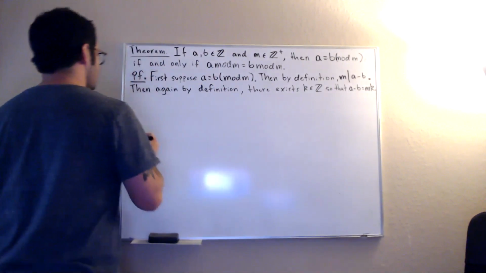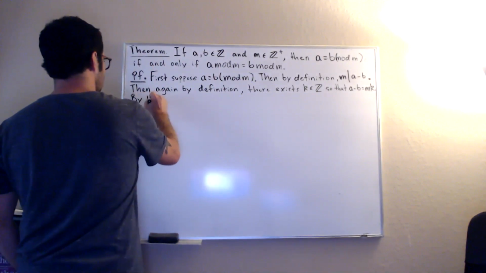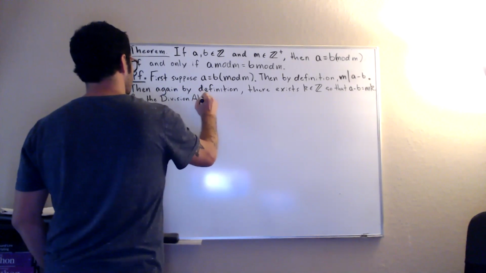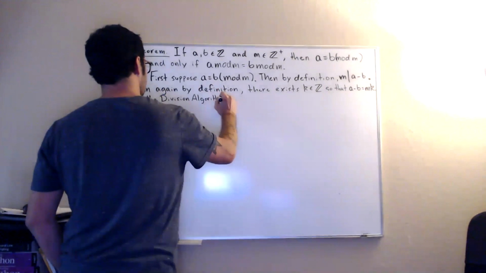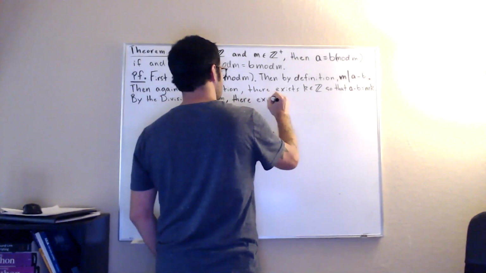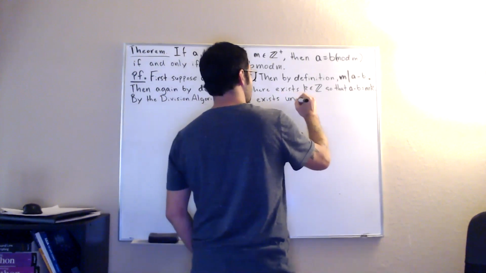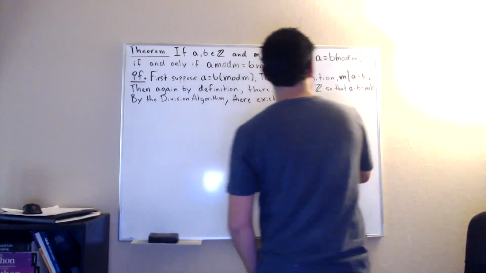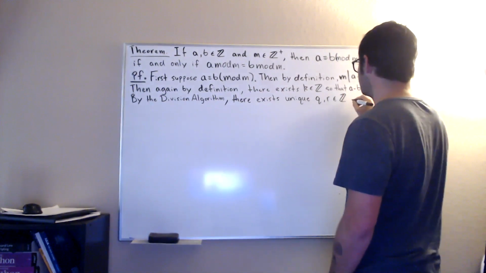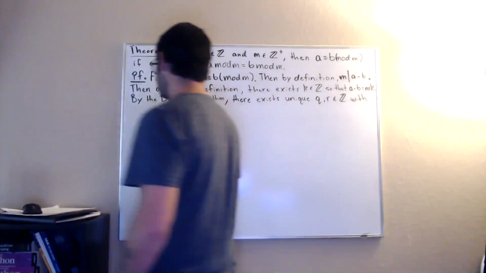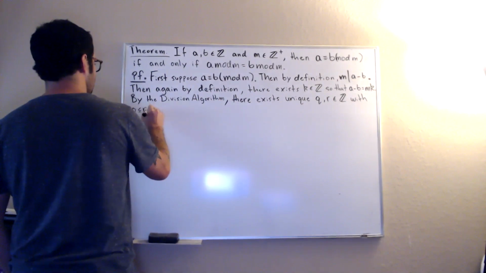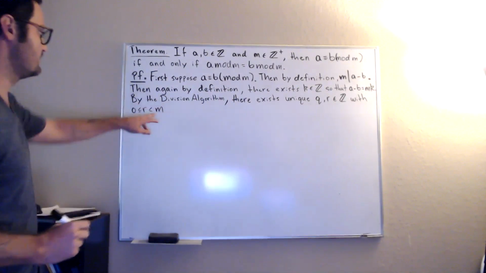Okay, now we're going to use the division algorithm. So by the division algorithm, there exists unique quotient Q and remainder R, that are integers, with 0 less than or equal to R, which is less than the divisor M. That's just the divisor.